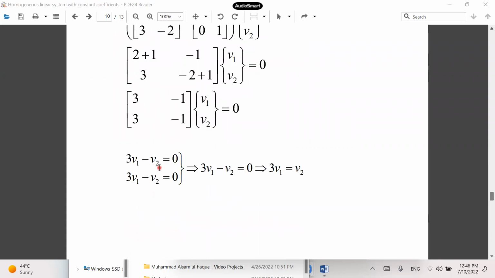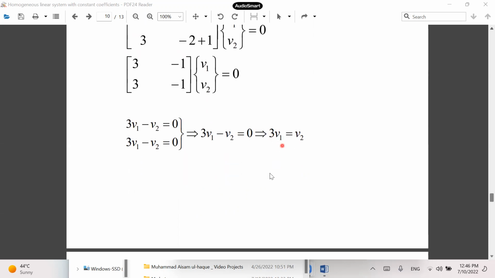So we get two equations that are equal to 3v1 minus v2 and 3v1 minus v2 equals to 0. So put any of these equations, they are actually the same. So put them equals to 0. So we will get 3v1 equals to v2.